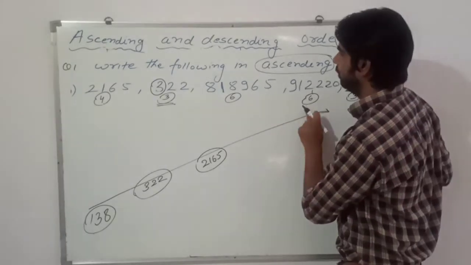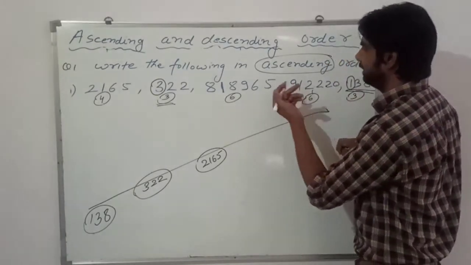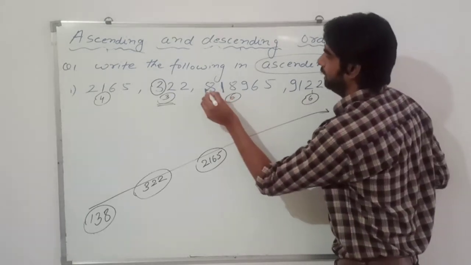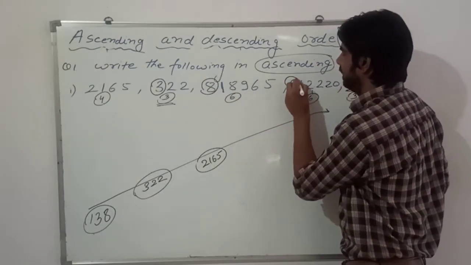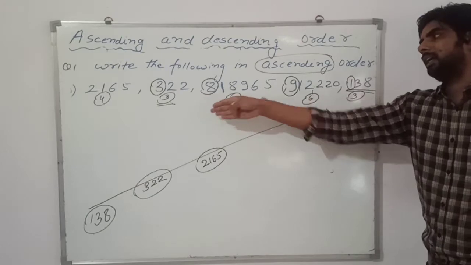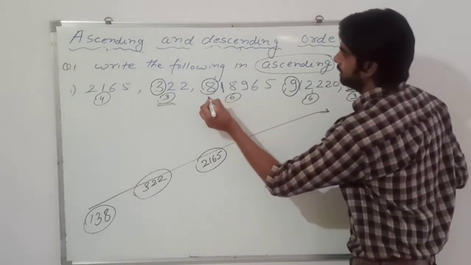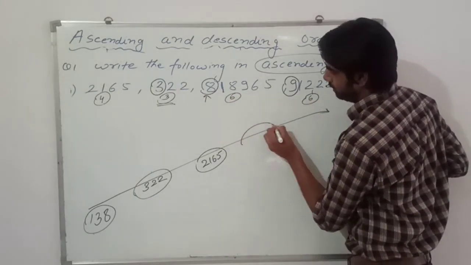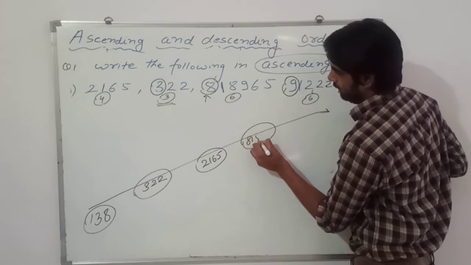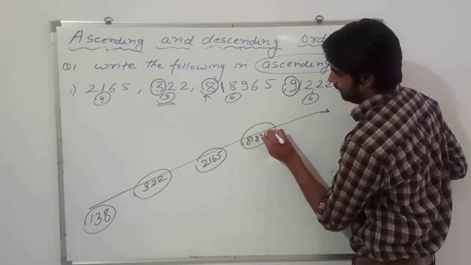How can we find out which one is greater? By checking the first digit. Here it is 8 and here it is 9. So which will come first? This one, 818965.